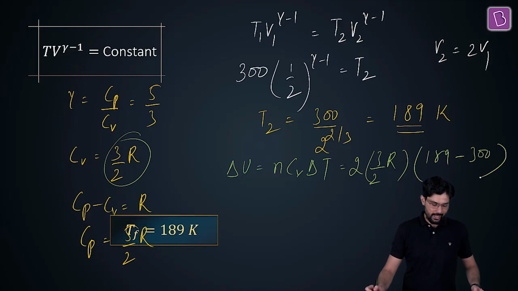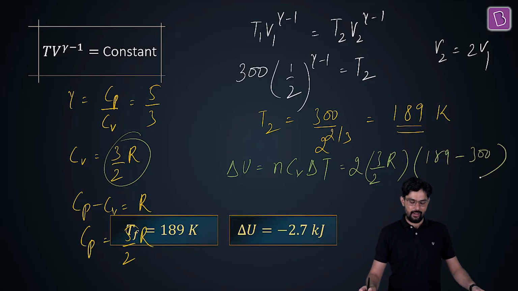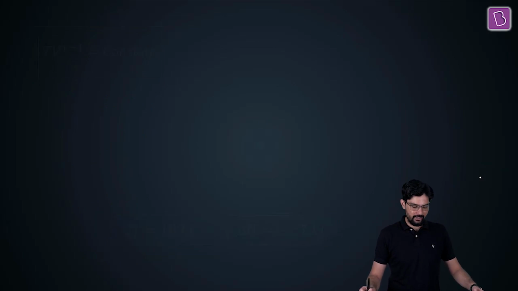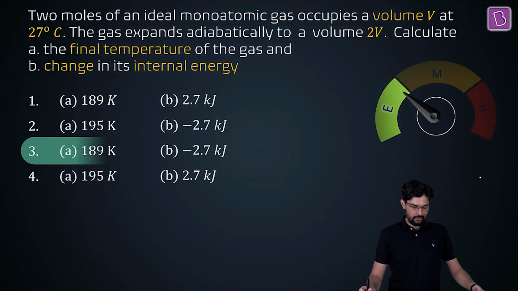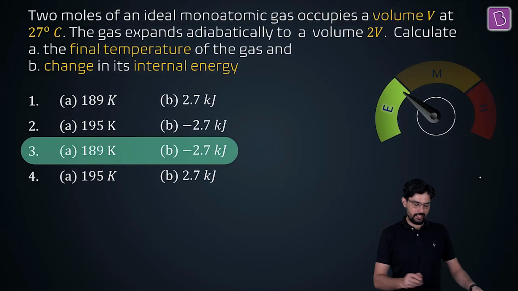And from here we will get the value of change in internal energy to be equal to minus 2.7 kilojoule. So in this case, we can see that option 3 is going to be the right option.